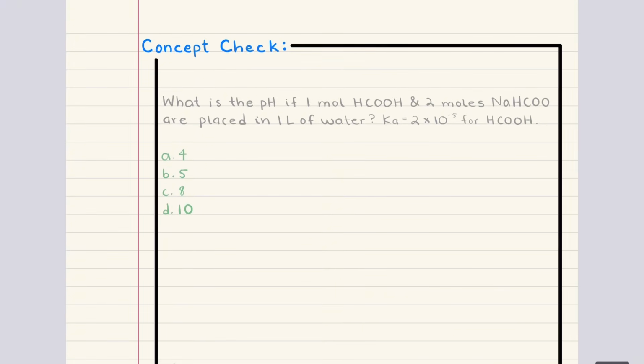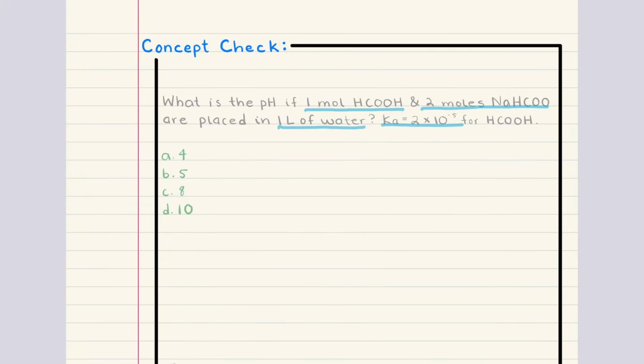The first problem asks, what is the pH if 1 mole of formic acid, HCOOH, and 2 moles of sodium formate, NaHCOO, are placed in 1 liter of water? The Ka value for formic acid is 2 times 10 to the negative 5.